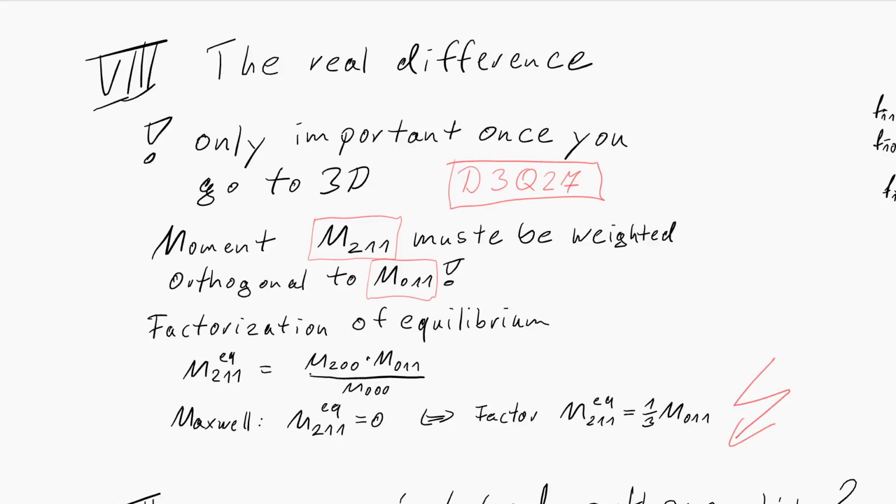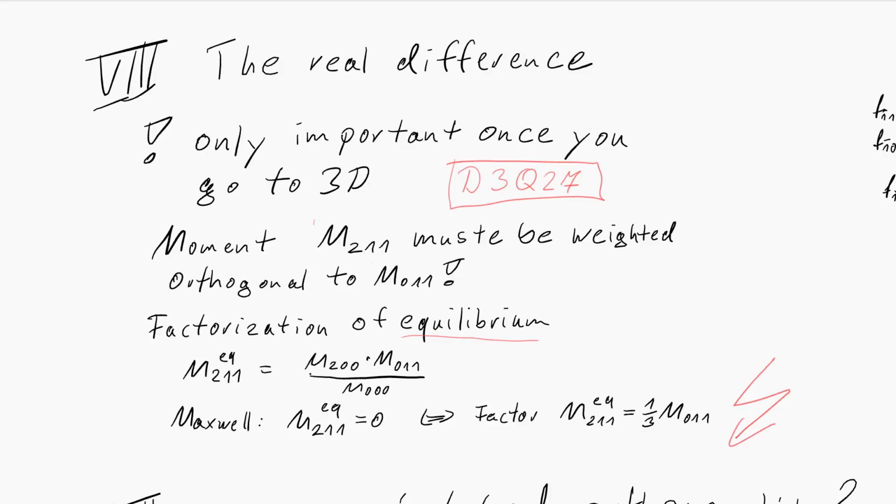The problem that originates if you try to separate these 2 moments and relax them with different relaxation rates is that if you calculate the equilibrium of these by means of factorization, then the equilibrium of M211 should be the product of M200 multiplied by M011, normalized by M000.